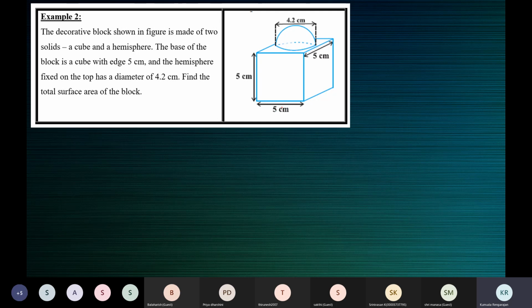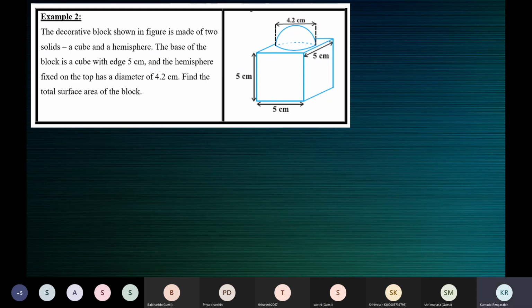So how many faces of the cube can you see completely? Please understand how the block is. The decorative block is a cube surmounted by a hemisphere. My question is, how many faces of the cube can you see completely, fully? 5.